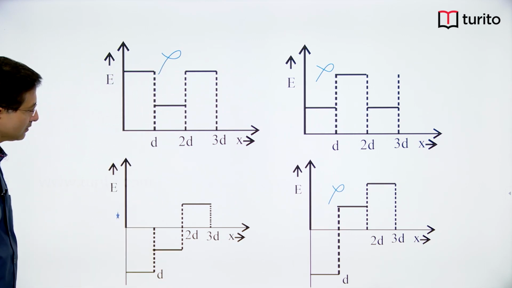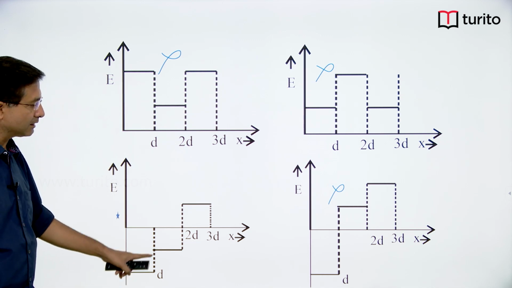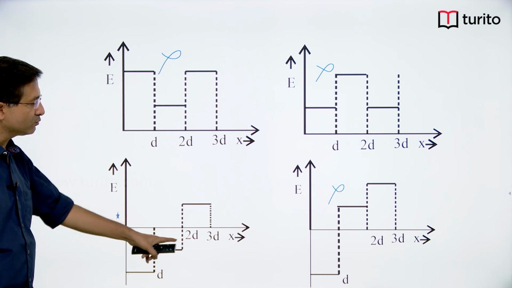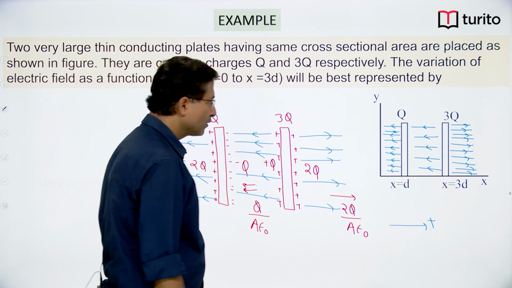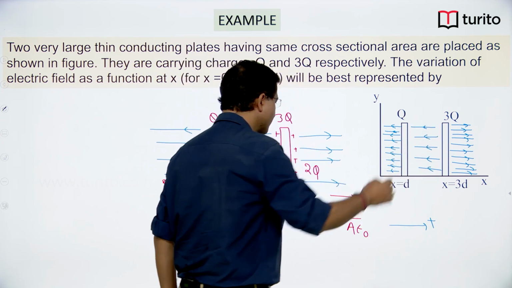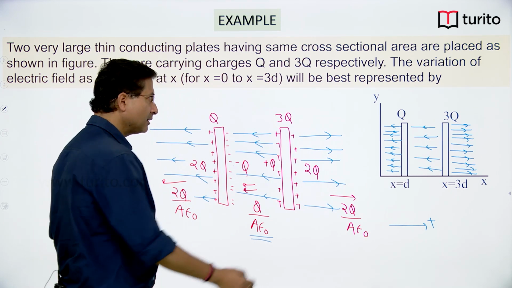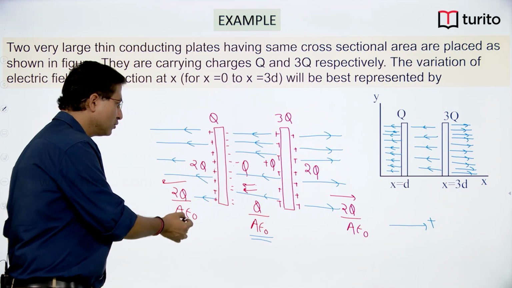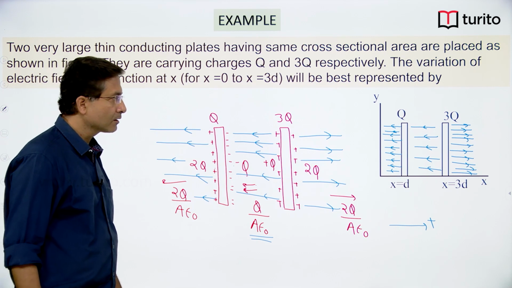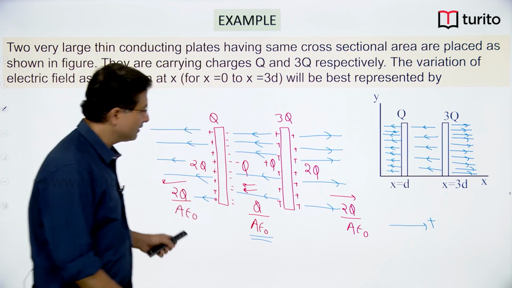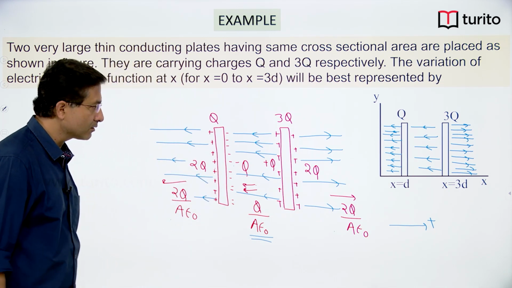Now let us see the last one. So 0 to d it is more as compared to d to 2d. Let us see it again. So here magnitude of field or field intensity is less, that is q upon A epsilon naught, but in this region it is more, that is 2q upon A epsilon naught in magnitude, direction reversed, right, and whatever magnitude we are getting this side, same we are getting this side, 2q upon A epsilon naught.